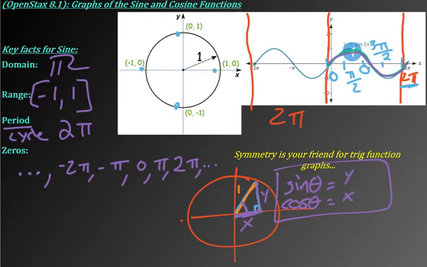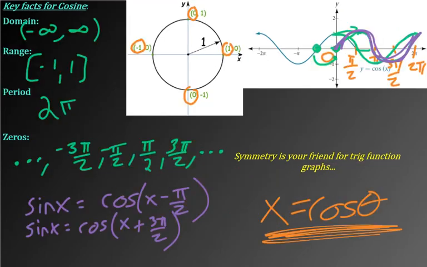If you wanted to move this peak over here just to the left, that would be like a plus. So sine of x plus pi over 2 would equal cosine of x also. There's infinitely many of these I could write.